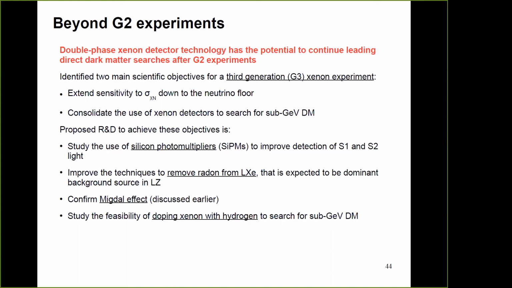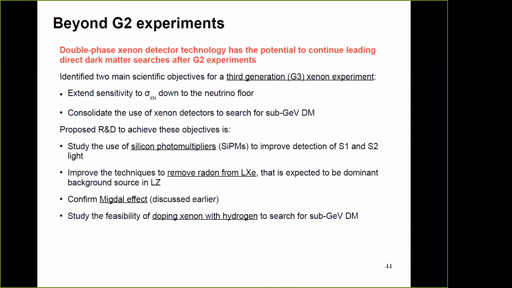Okay, thank you. And then if we want to move beyond the neutrino floor and have some background discrimination, there are options like directionality, because we expect some directionality from the background.